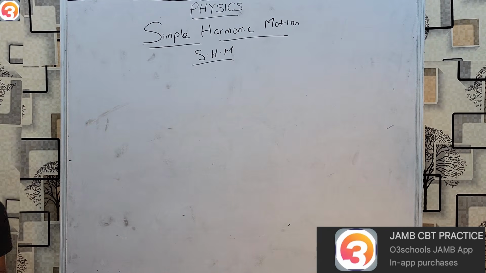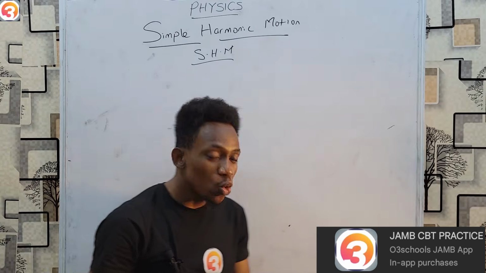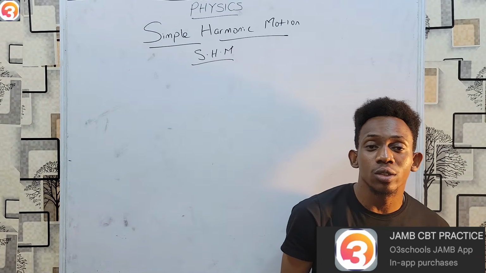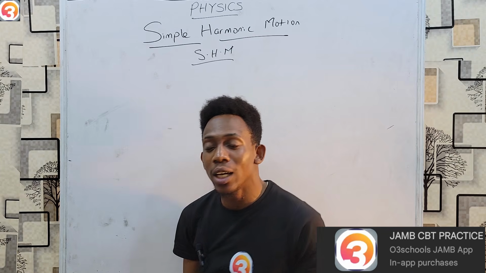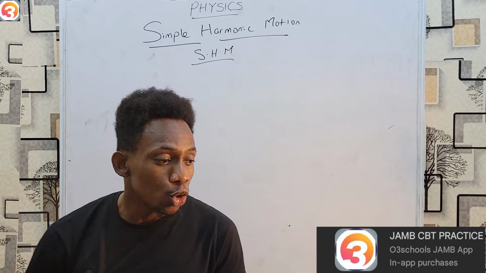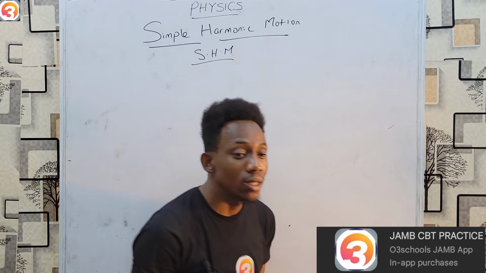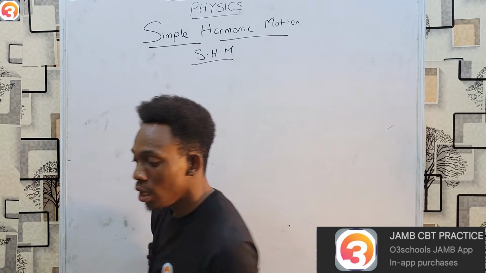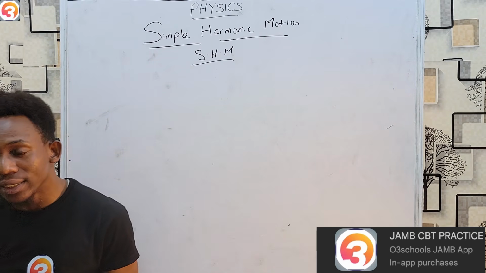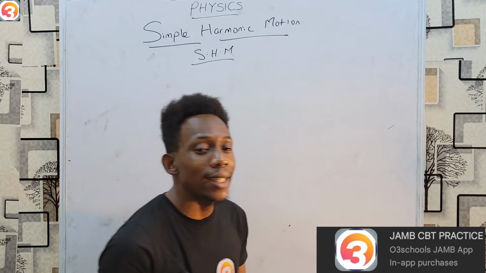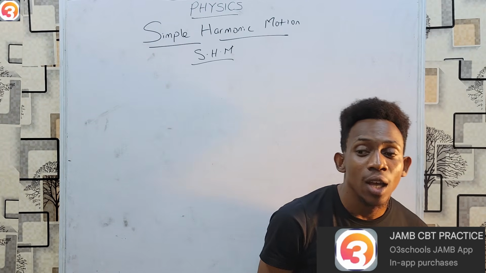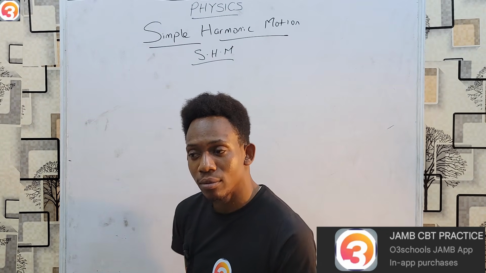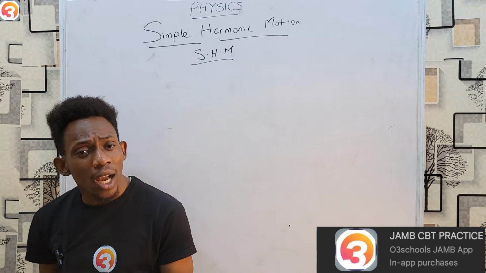Now, the first thing you should know is that when we're moving in a circle, we get angular versions of our normal linear parameters. What do I mean? Normally, an object is moving in a straight line. It has velocity, it has displacement, it has time. Now, if I'm moving in a circle, then I'm going to have an angular version of each of those. I'll have angular velocity, then angular displacement is simply the angle turned.